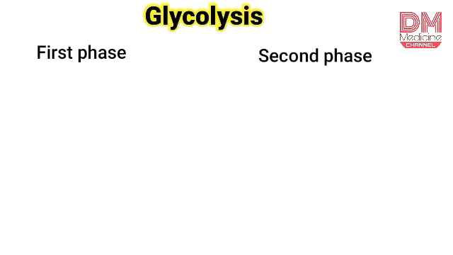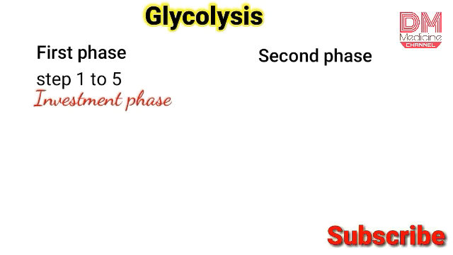Now glycolysis can be broken up into 2 phases: first phase and second phase, and it occurs in 10 steps. So the first phase, which represents step 1 to step 5, is known as the investment phase.